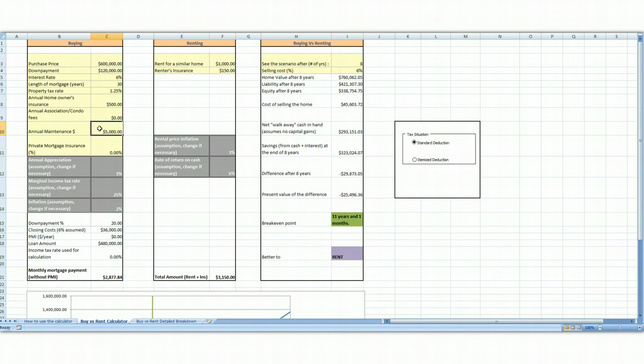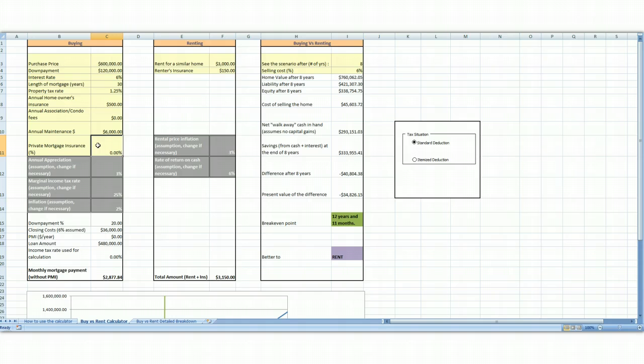And here is the annual maintenance value. We don't usually think about all these things, but if we are buying a house, it needs maintenance and we have to set aside a certain amount of money every year to do the maintenance. So usually I have seen around 1% of the purchase price set aside as the annual maintenance amount. So you can go with that or just leave it as whatever I have here.